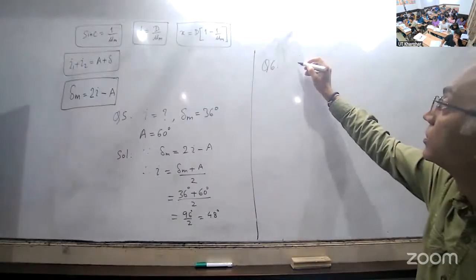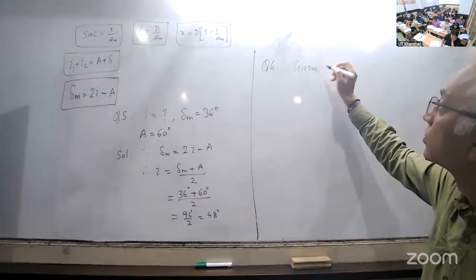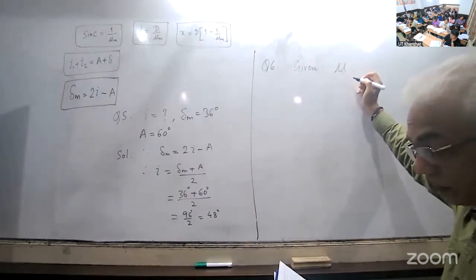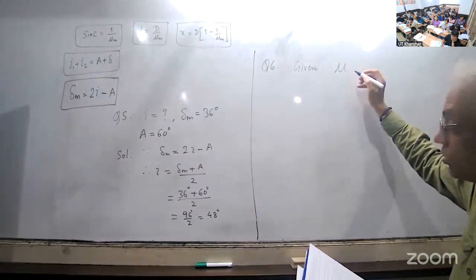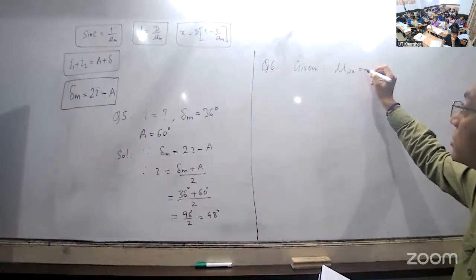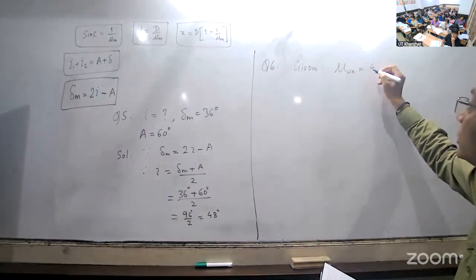Given, refractive index of water with respect to air is equal to 4/3.